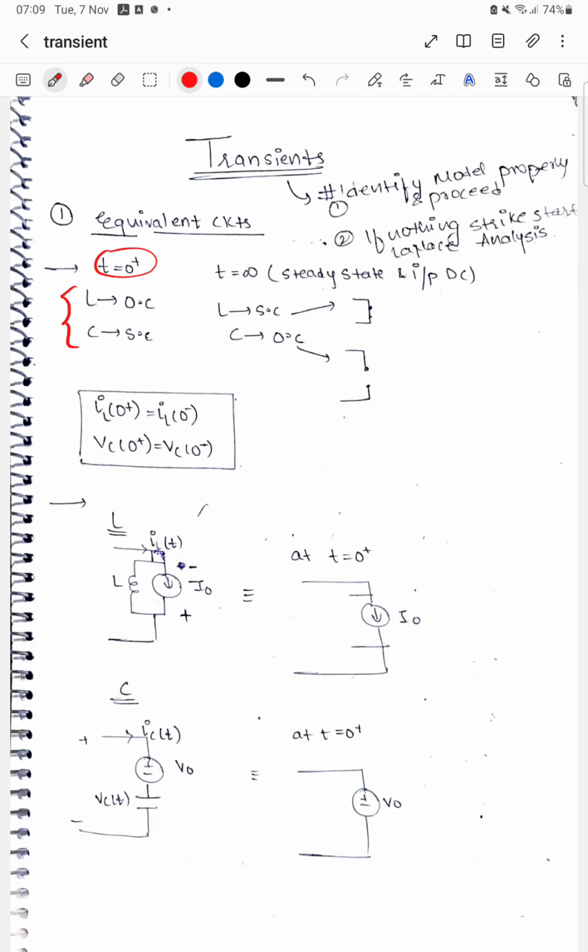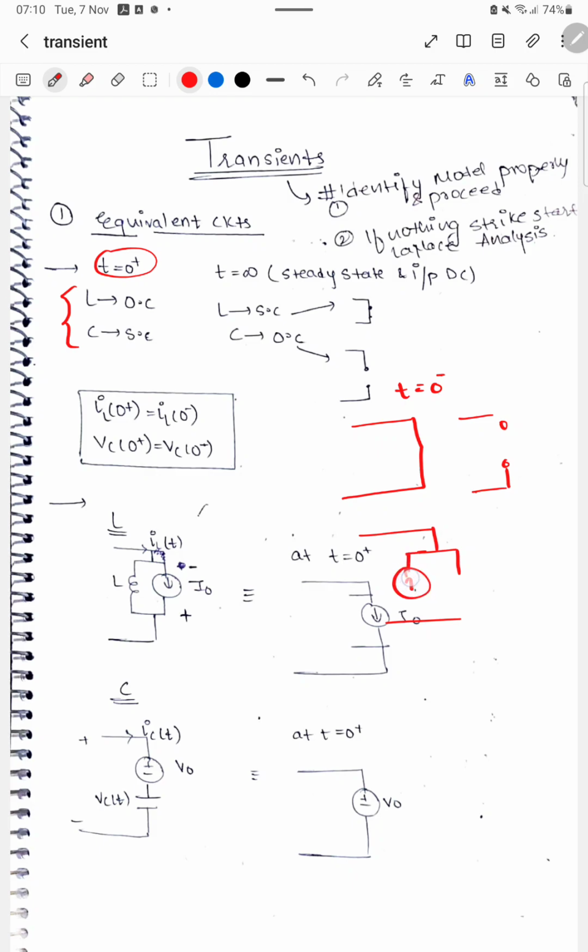So at t equals 0 minus, the inductor will act as a short circuit, assuming it is charging for a very long time, and the capacitor will be an open circuit. This is at t equals 0 minus. At t equals 0 plus, the inductor will act as an open circuit.